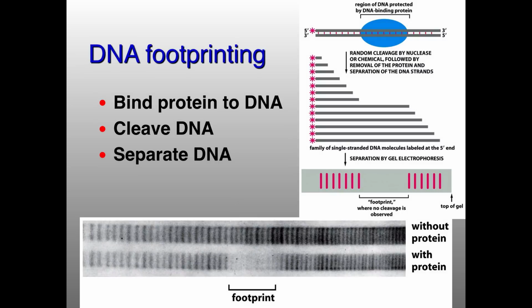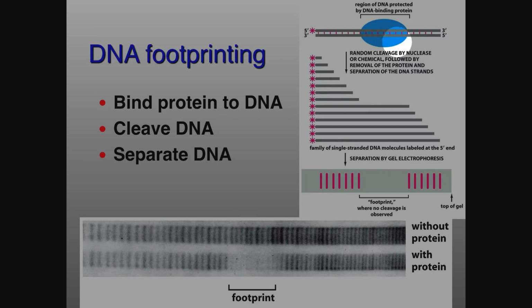Then you do exactly the same experiment with protein around, and it will stop the DNA from getting chopped up between this length and that length. And so you'll be missing all of these pieces. That footprint right here says that your protein binds to these nucleotides right here.